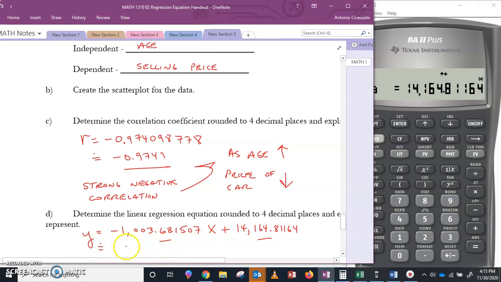Once again, everything rounded to 4 decimal places gives us negative 1,003.6815x plus 14,164.8116, 4 decimal places.